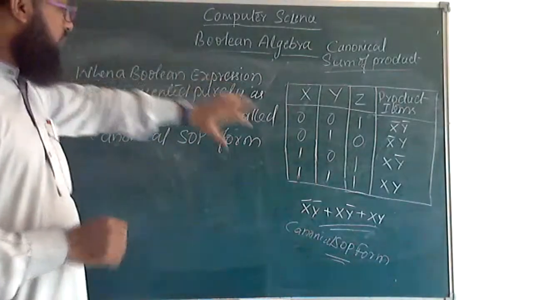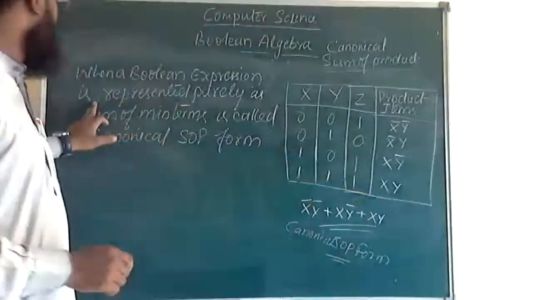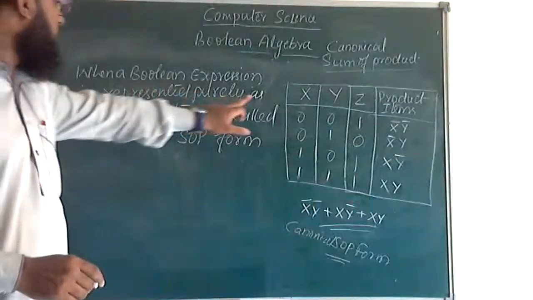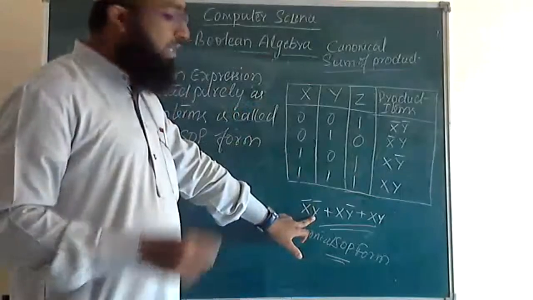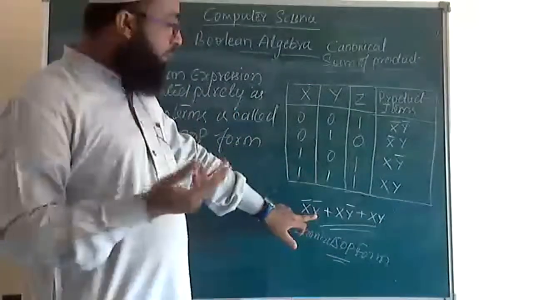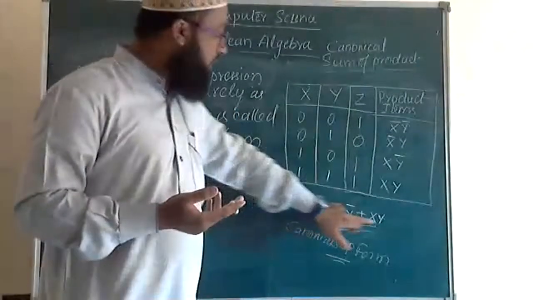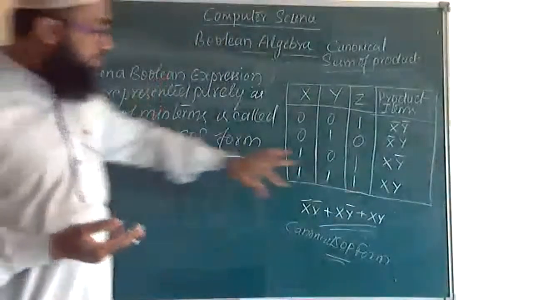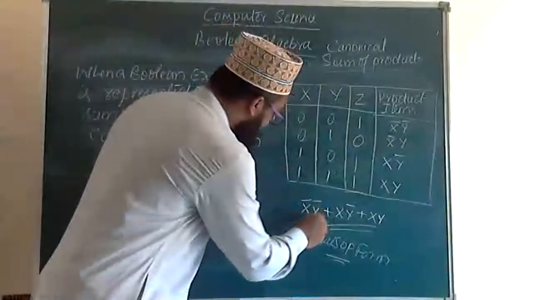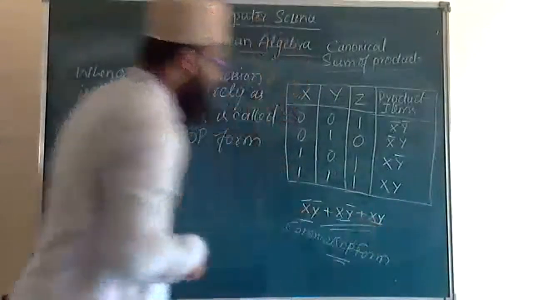When a Boolean expression is represented purely as a sum of min terms. A min term is a product of literals. This is the product of literals, product of literals, product of literals. It is asking for a sum of min terms. A product of literals is a min term. This is one min term, this is one min term, this is one min term.